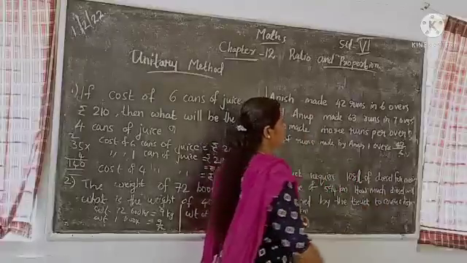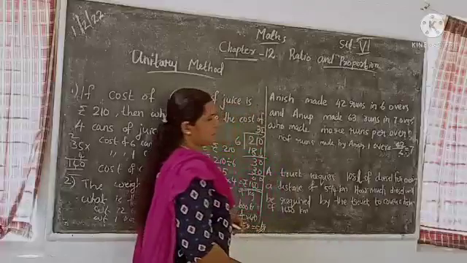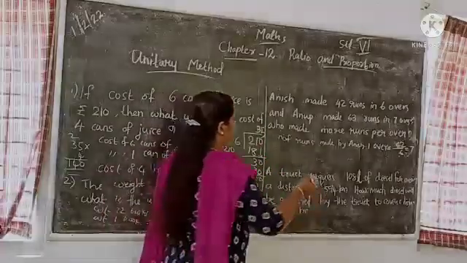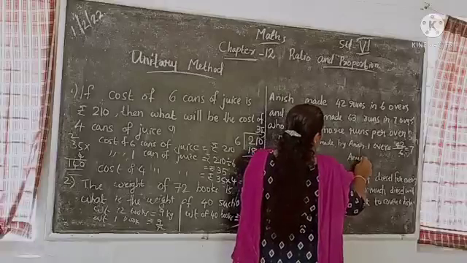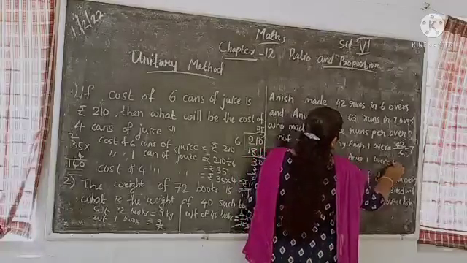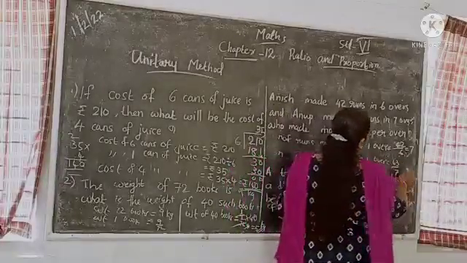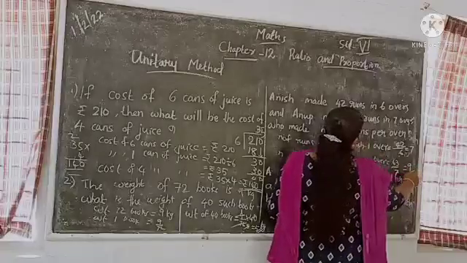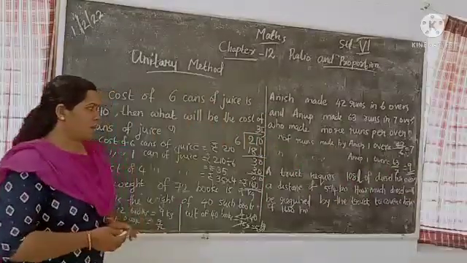That's equal to 7. Next, number of runs made by Anup in 1 hour is equal to 63 by 7. That's equal to 9. So, Anup made more runs per hour.